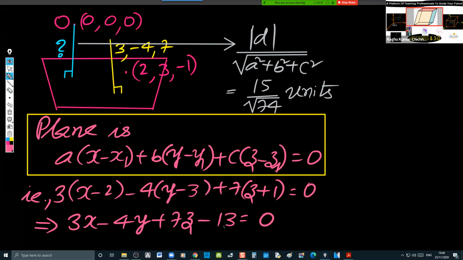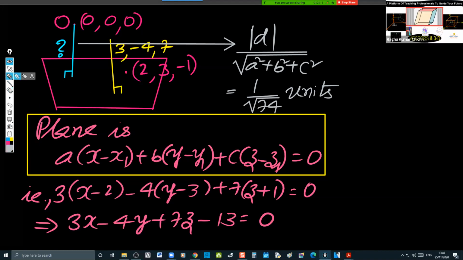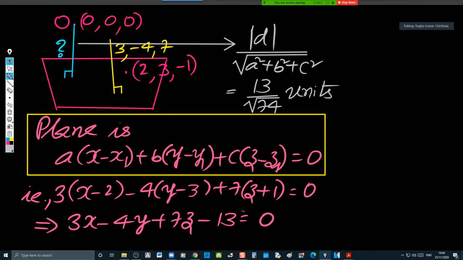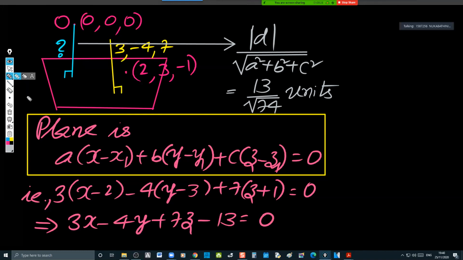This is 13. And thereby your answer must be what, Pranit? Your answer must be modulus of 13 by root 74. Yes, sir, 15 we wrote wrong. It is 13. Correct. 13 by root 74.